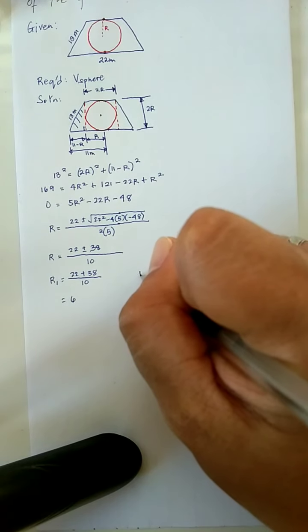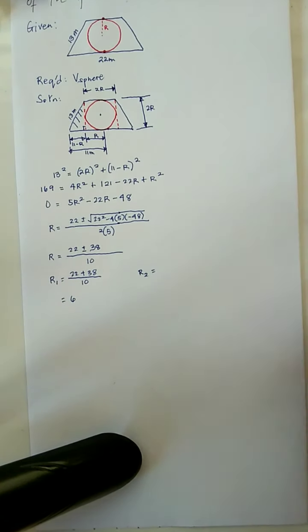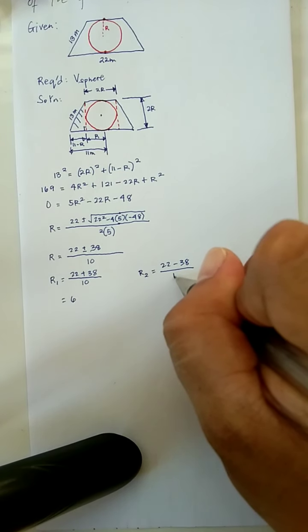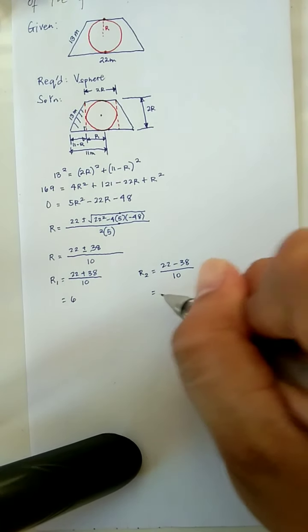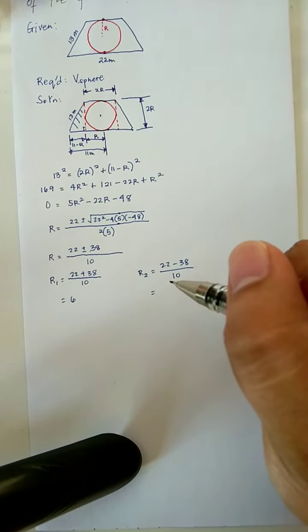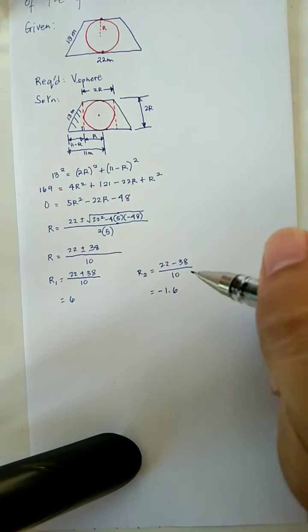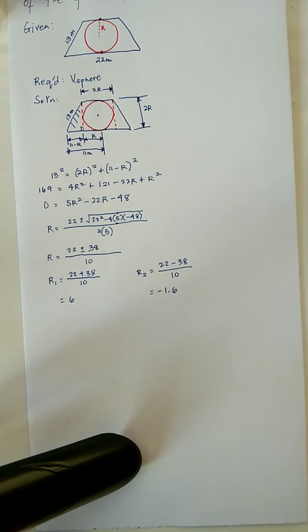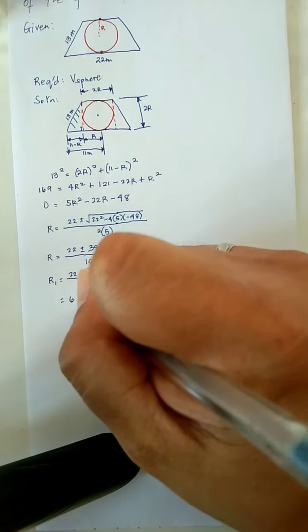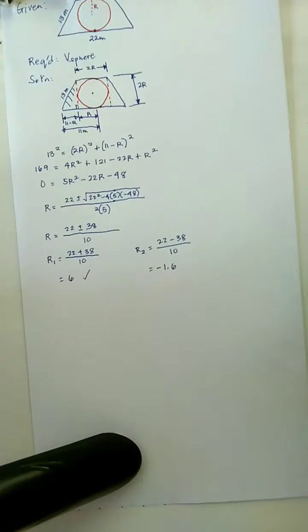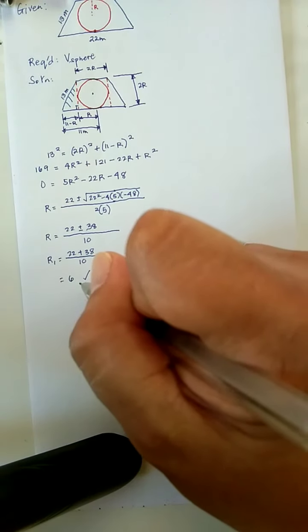And we have R2, which is equivalent to 22 minus 38 all over 10, which is negative 1.6. Of course, we don't have a negative radius, so we will just be considering the positive answer. So this is actually the radius of the sphere.